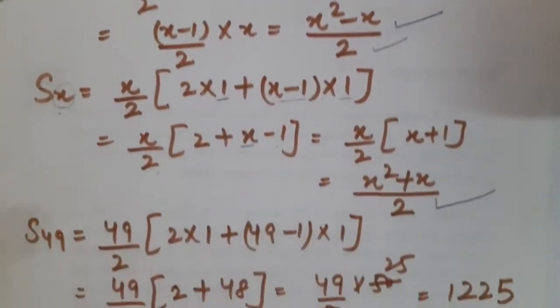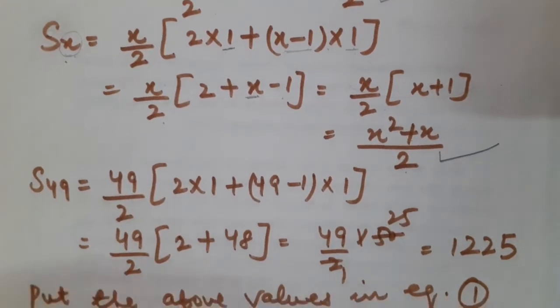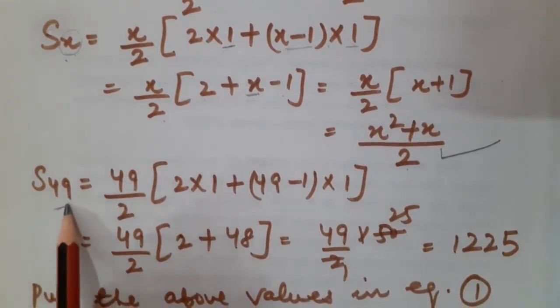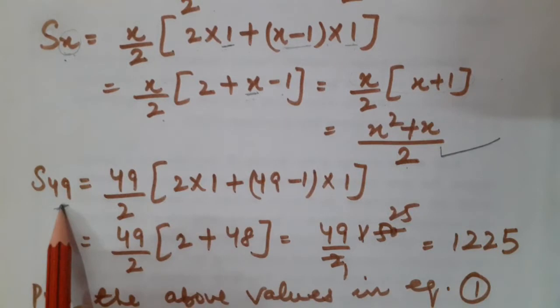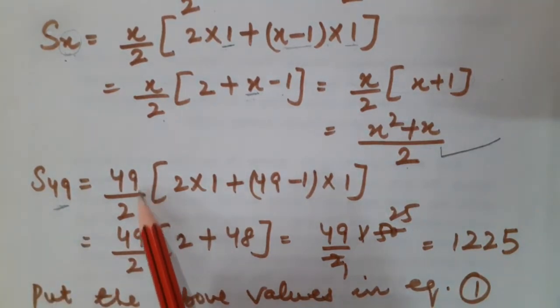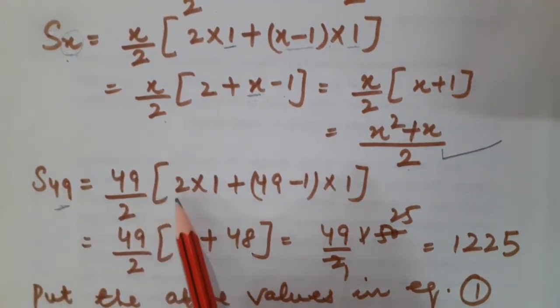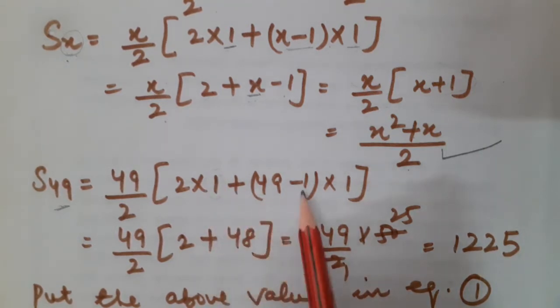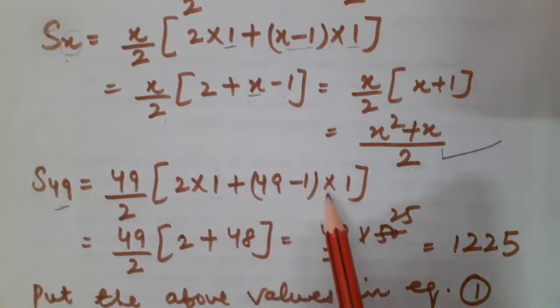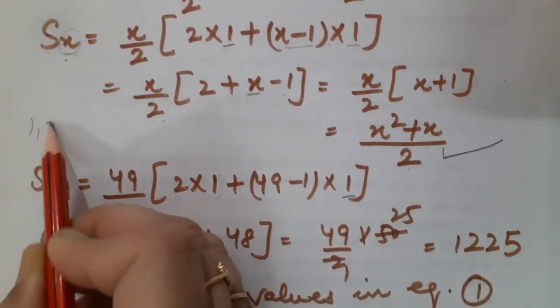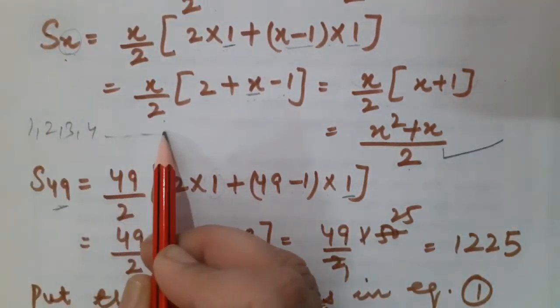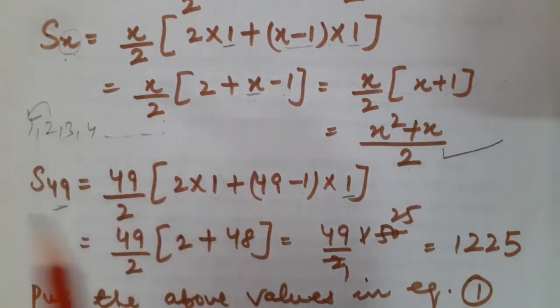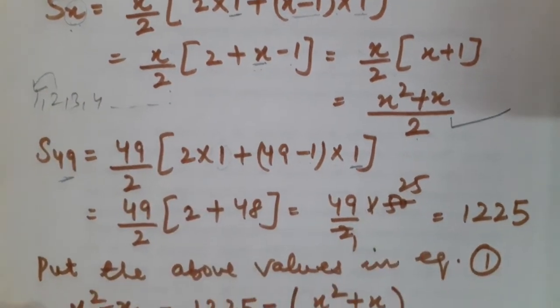Correct? Now children, I am going to calculate S49. Definitely n is now going to be replaced by the value 49. It would be n by 2, that is 49 by 2, into 2a plus 49 minus 1 into d. What is a? 1, 2, 3, 4, 5, 6, this was the complete series of house numbers, so a is 1 and the common difference is 1.